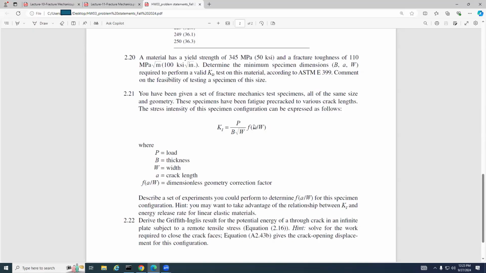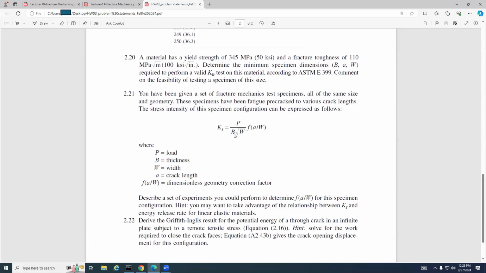You calculate the F of a over W. After you calculate it, let me give you some hints. 2.21, you get this F of a over W. It's a function of B, E prime.